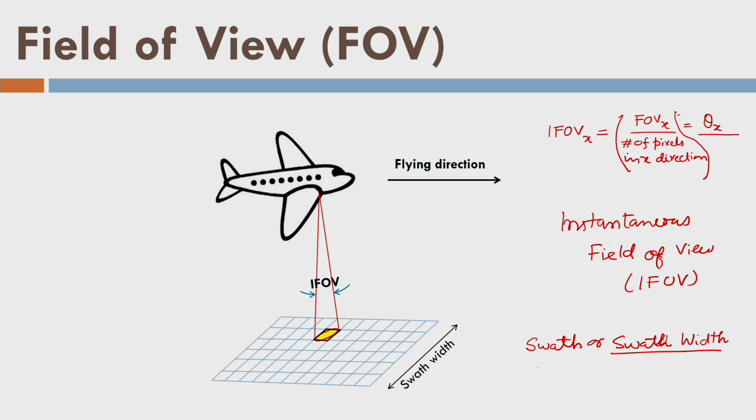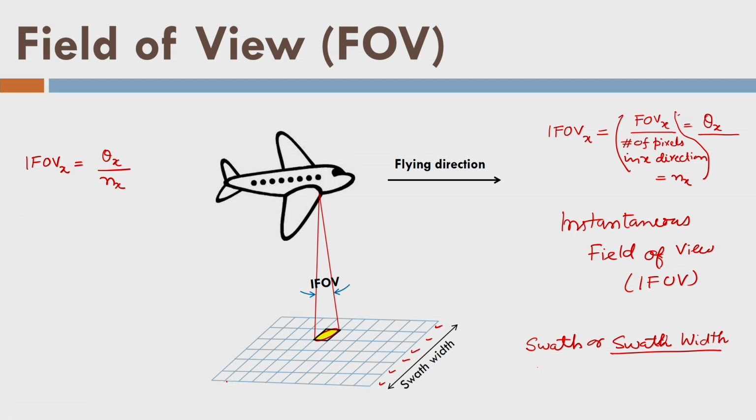Okay, so I can write here, let us say the number of pixels is equal to nx. Then on this side, the IFOV x equals theta x divided by nx. These pixels, from here to here, are nx in number, so I can find this out.